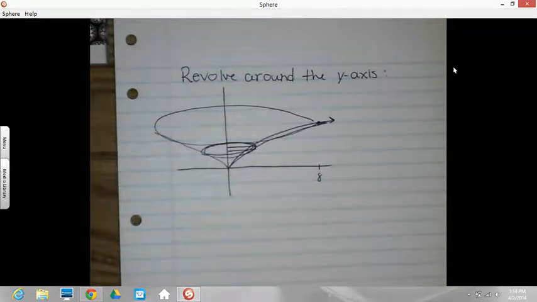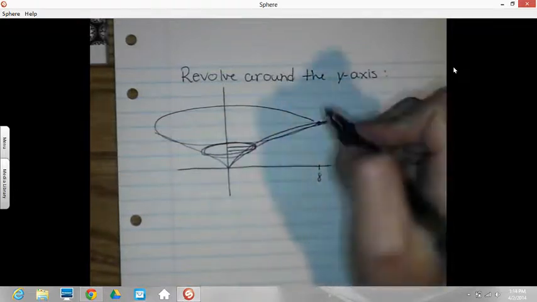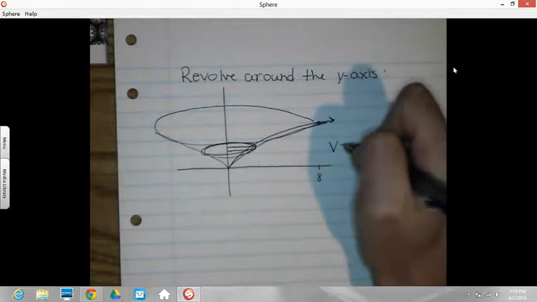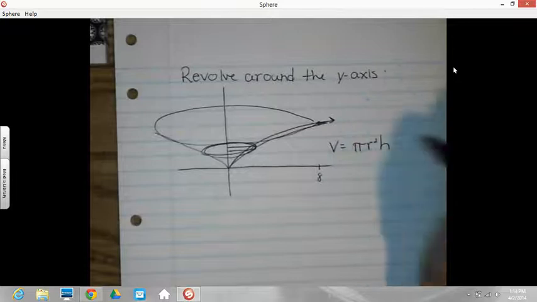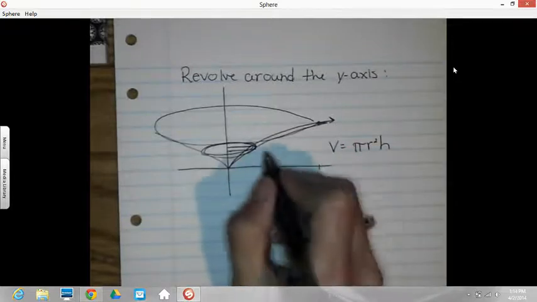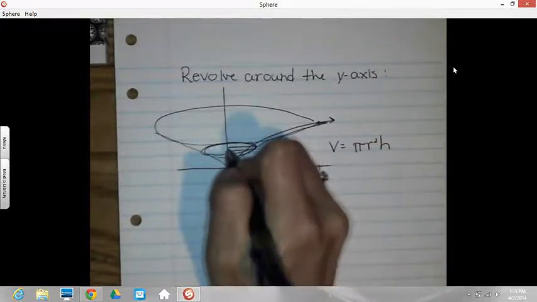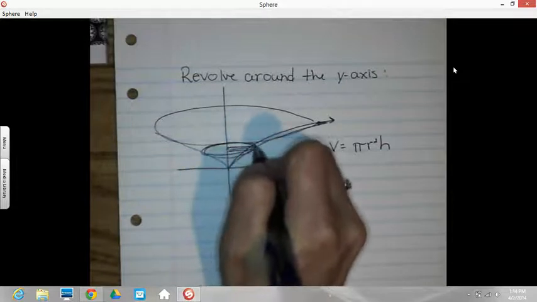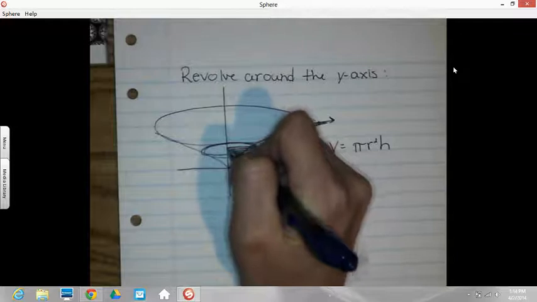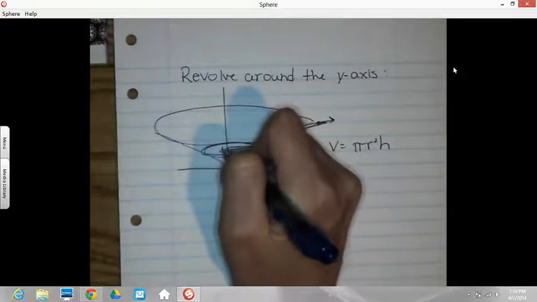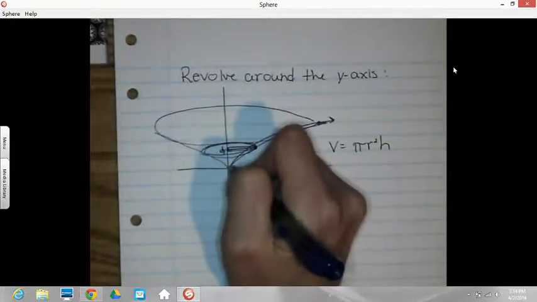So now it's still a cylinder. The volume is still pi r squared h, and our radius is determined by the equation. Our height is this thickness, but that's a dy now. And our boundaries need to be on the y-axis.